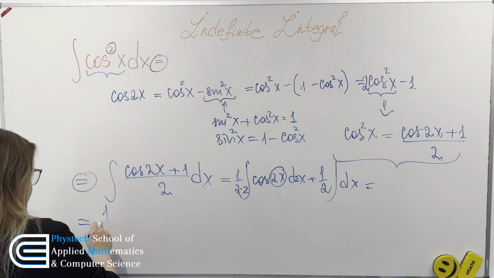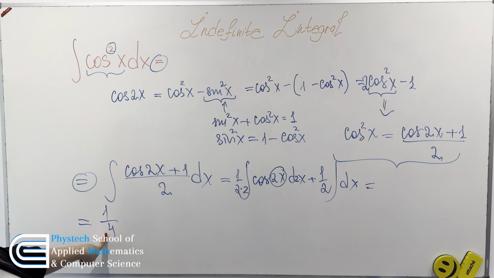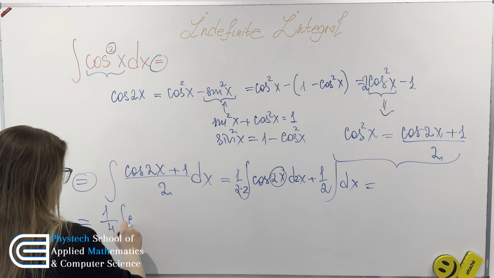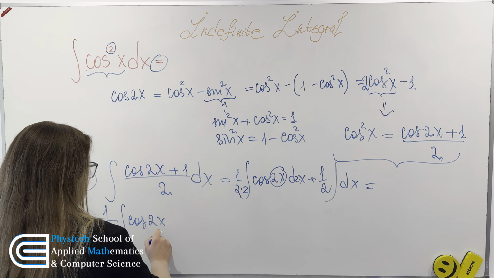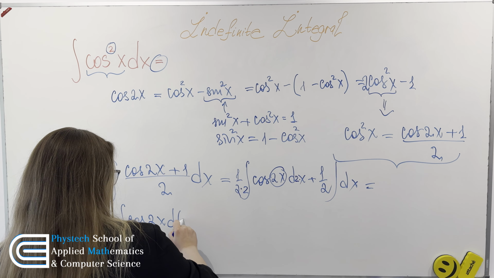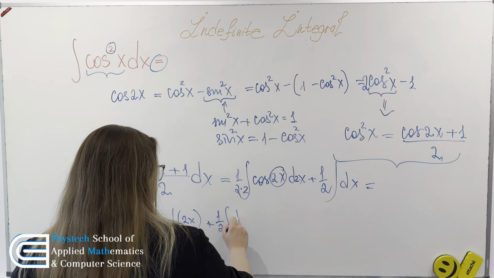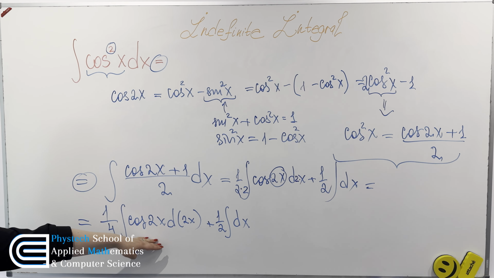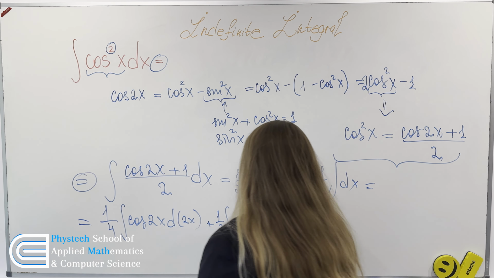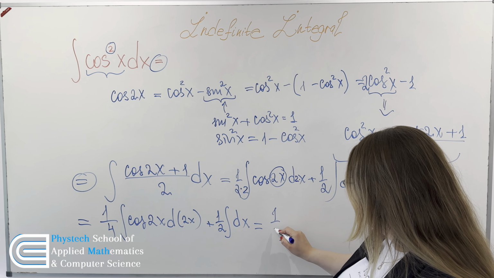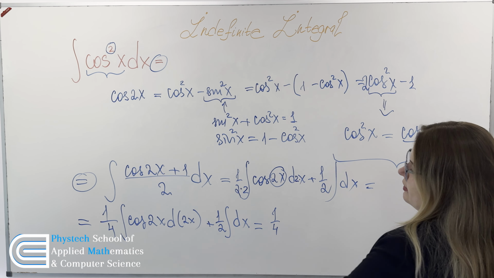And we obtain this line: 1 divided by 4 integral of cosine of 2x d(2x) plus 1 divided by 2 dx. So, and now we can obtain our result.